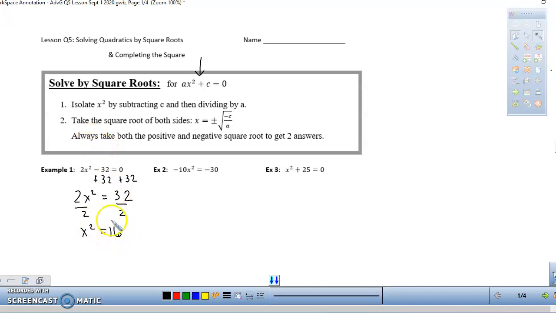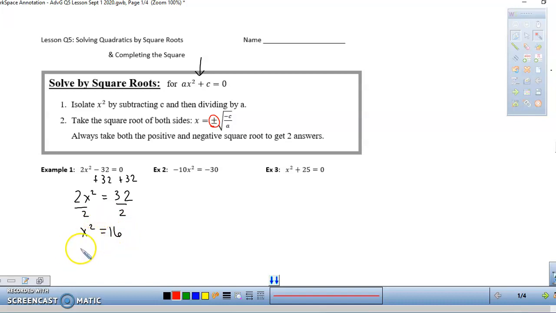Now, what that does is allow you to take the square root of both sides. You do have to be very careful, however, that you do plus or minus, because when you're talking about x squared here, you could do a positive 4 times a positive 4, which is positive 16. You could also do a negative 4 times a negative 4, which is also positive 16.